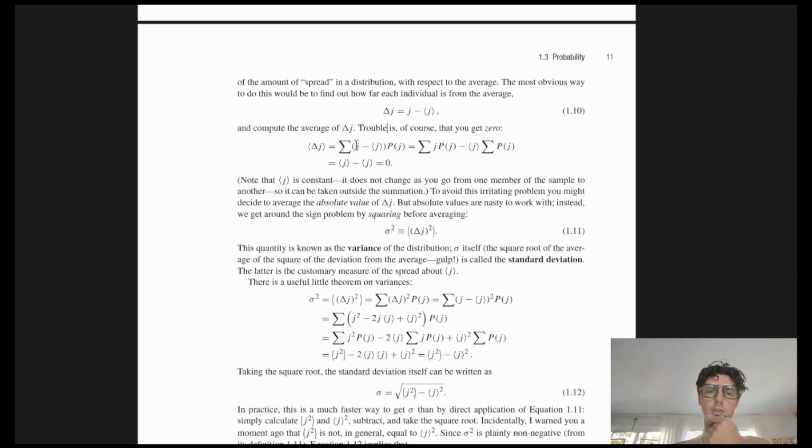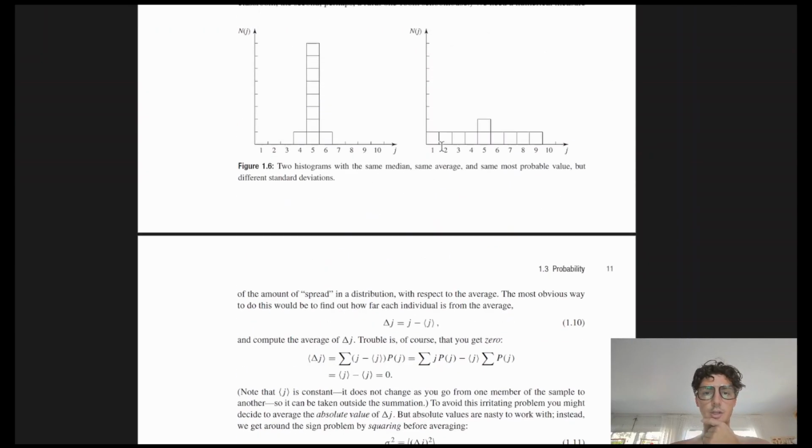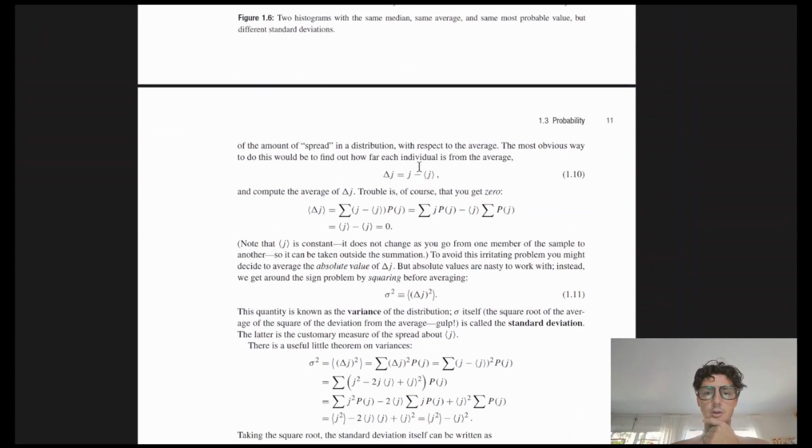And then it also looks like you split up the sum. So this first sum becomes J times P of J. The second one, since average of J is a constant, it doesn't depend on the summation. You pull it out of the summation and you just get this. Then what we have is average of J from this, which you can get just by going to the original definition here.